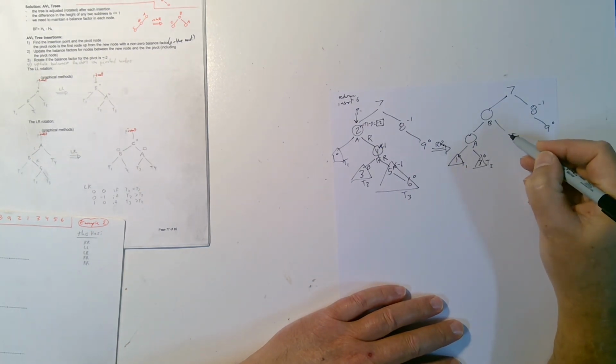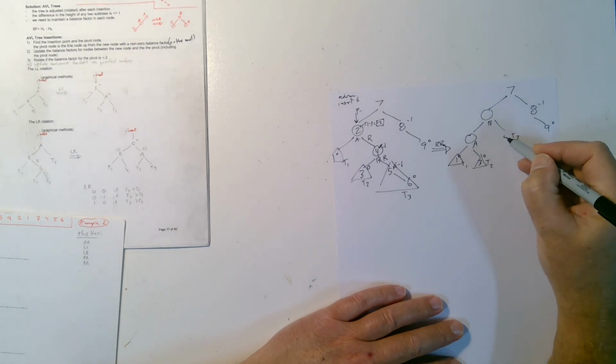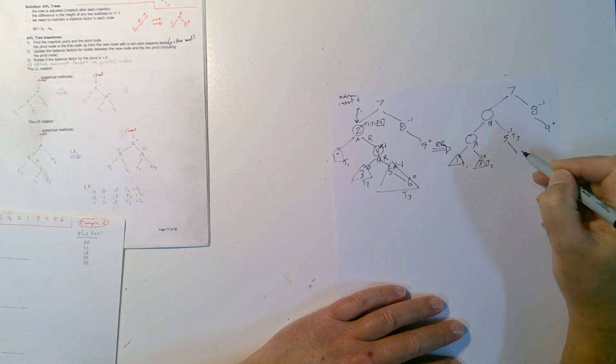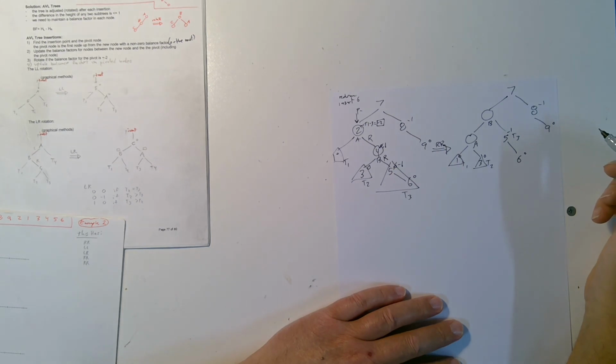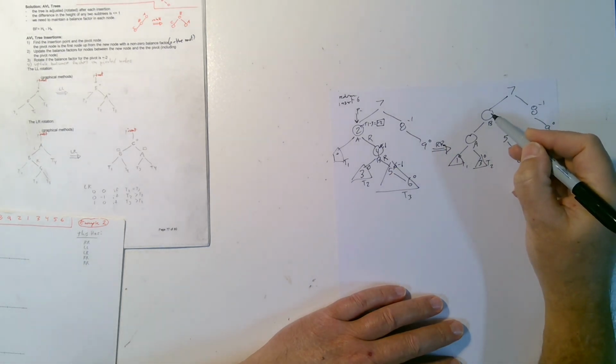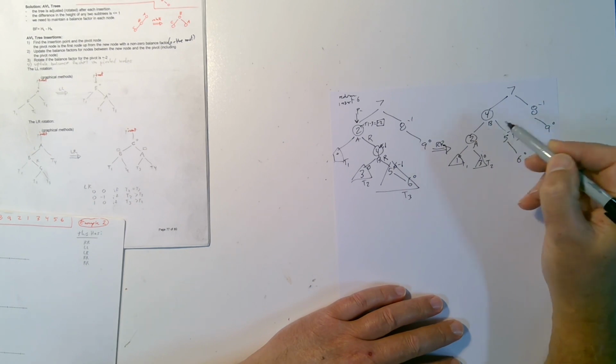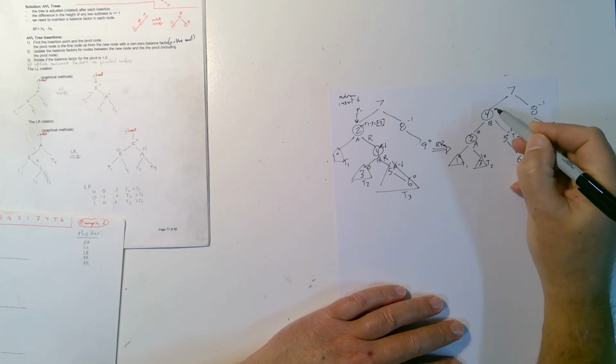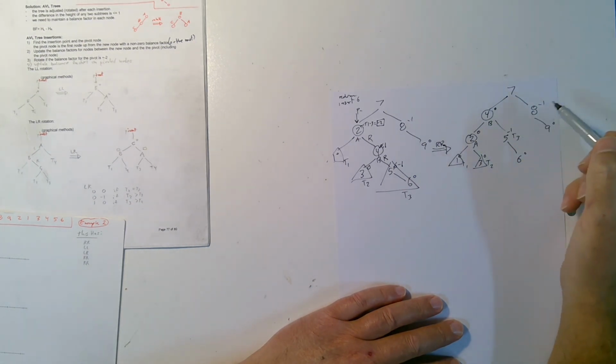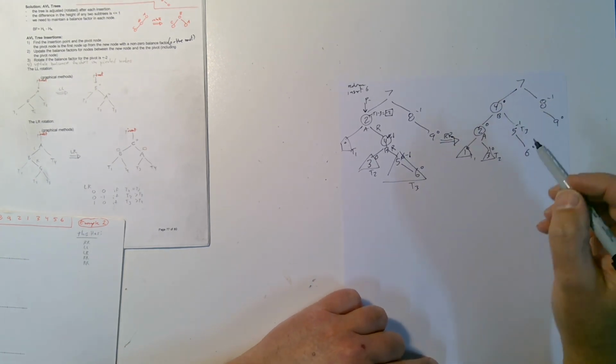Tree 3 is a 5 and a 6. And B is 4 and A is 2, and they have balance factors of 0 after a right rotation. And I think that's it.